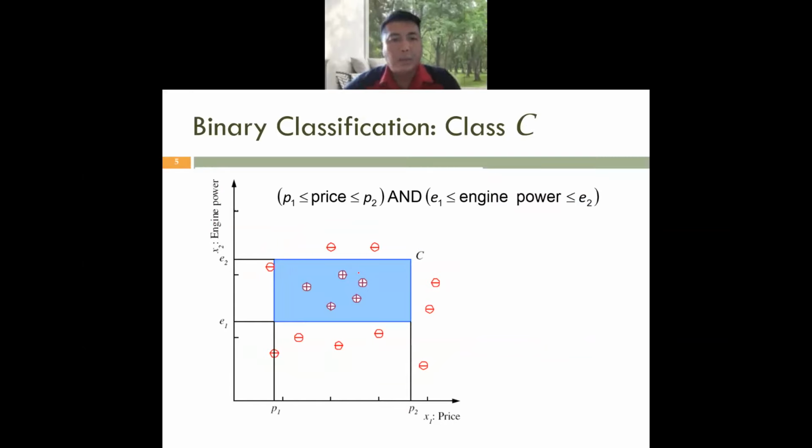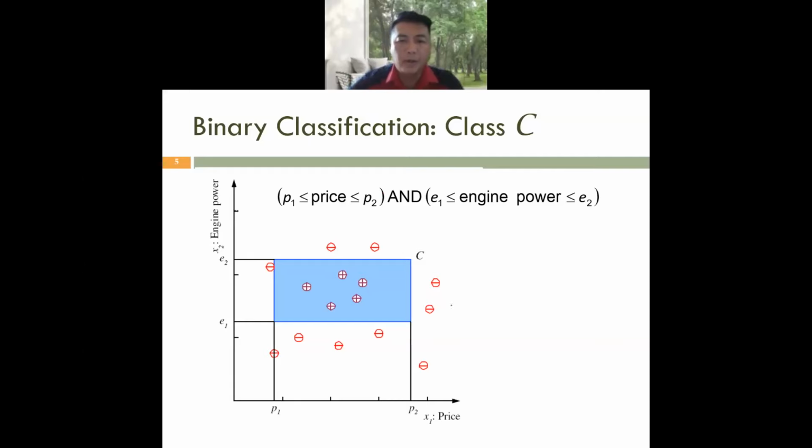So when it comes to classification, we want to find the range of price and the range of engine power, so that we can estimate the area that we can consider as positive area.